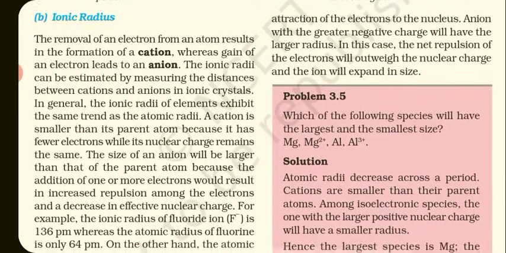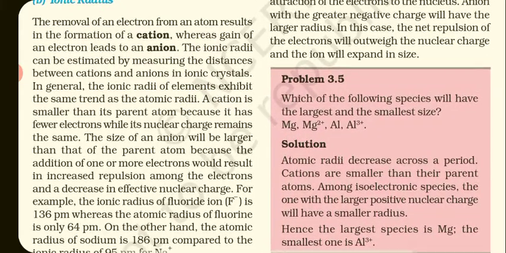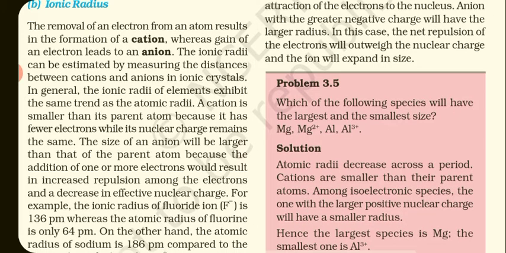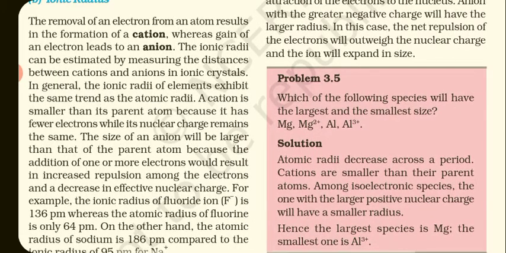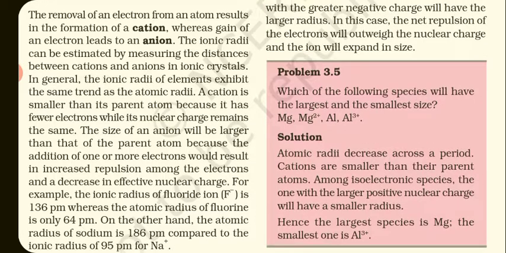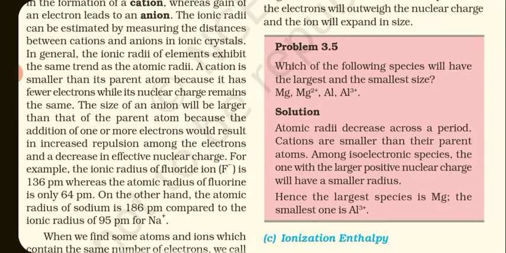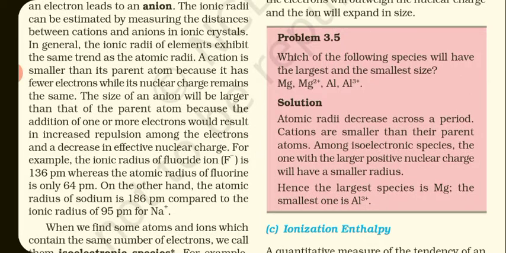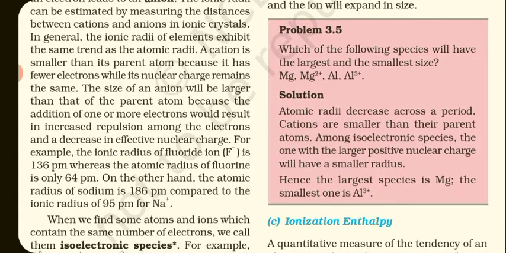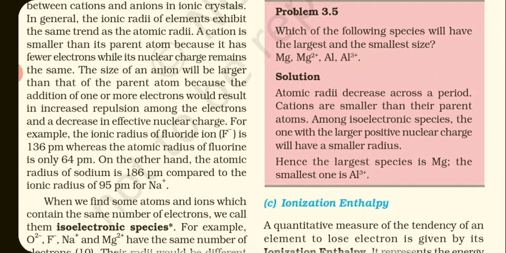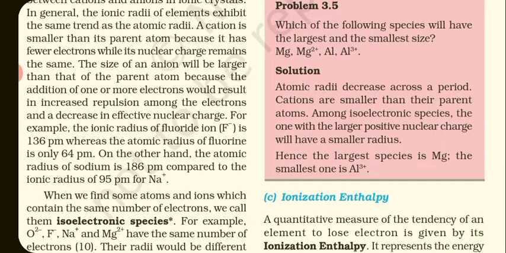Now ionic radius. The removal of an electron from an atom results in the formation of a cation, that means a positively charged ion, whereas the gain of an electron leads to an anion, meaning formation of a negative ion. The ionic radii can be estimated by measuring the distance between the anion and cation in an ionic crystal. In general, the ionic radii of elements exhibit the same trend as the atomic radii.